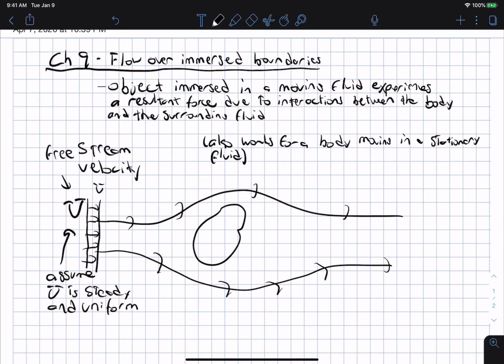As this flow gets closer and closer to the object, it's going to experience the effect of the object, and the streamline is going to be turned up and go over and around. Then downstream of the object, or on the back side of it, the streamlines will eventually, after a long time, become steady and uniform again.